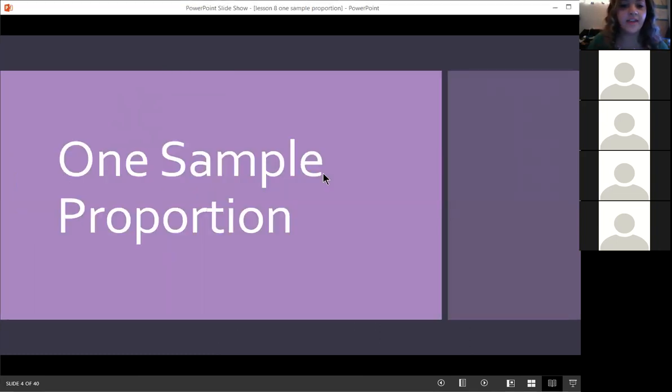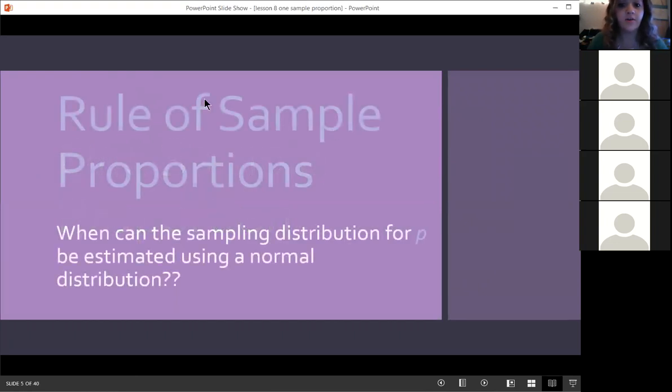Okay, like I said, we're talking about one sample proportions this week. I kind of hinted at the rule of sample proportions last week. Remember, we had our central limit theorem. That's basically the same thing, except for means.